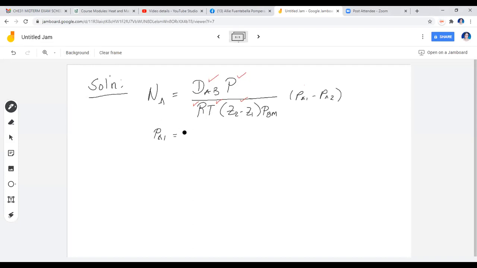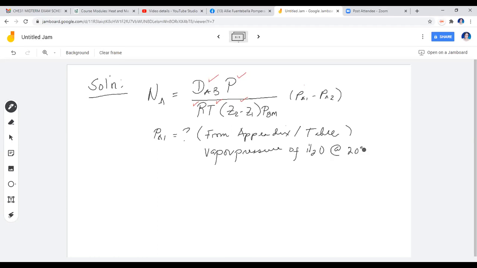So this PA1 should be taken from a table or an appendix in a book, or from a table in your handbook. This is the vapor pressure of, in this case, the gas that we're talking about, water, at the indicated temperature of 20 degrees Celsius, or 293 Kelvin.